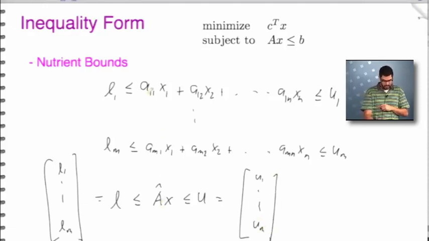And of course, A hat is just A11, A12, A1N, and so on, and I rewrite it on the next page. Okay? So that's it, really.